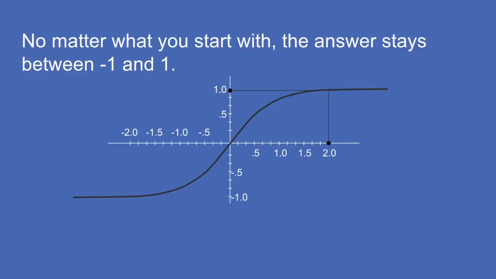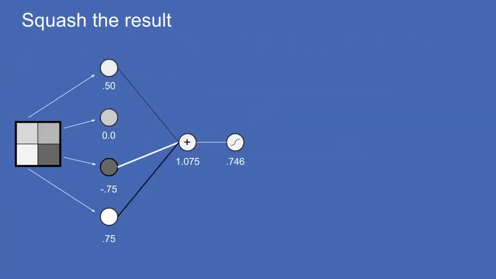So this ensures that that neuron's value never gets outside of the range of +1 to -1, which is helpful for keeping the computations in the neural network bounded and stable. So after you sum the weighted values of the neurons and squash the result, you get the output. In this case, 0.746. That is a neuron.